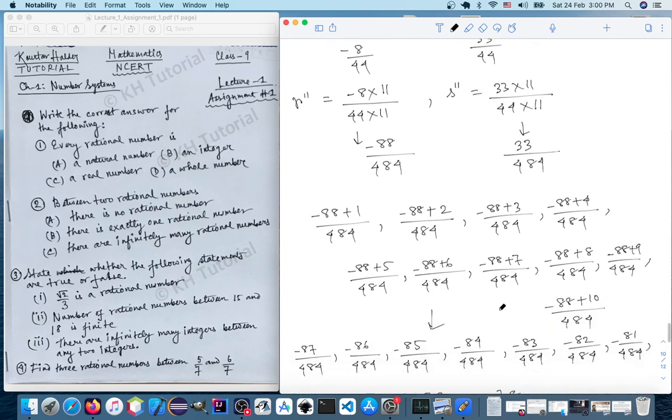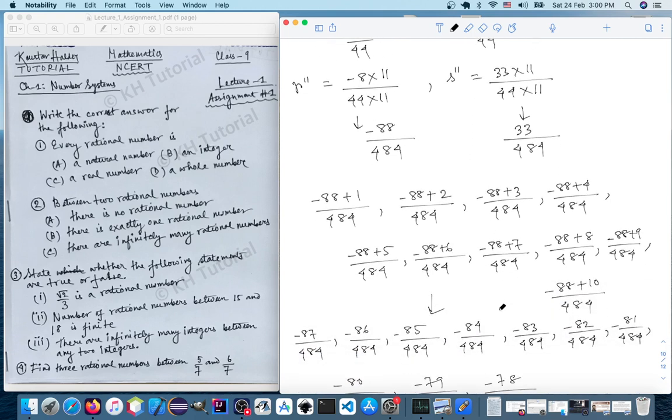And the final step was to start with R double dash, and we add 1 to the numerator, and then we add 2 to the numerator, and like this up to plus 10, because we have to find 10 rational numbers, and we get the final 10 rational numbers.